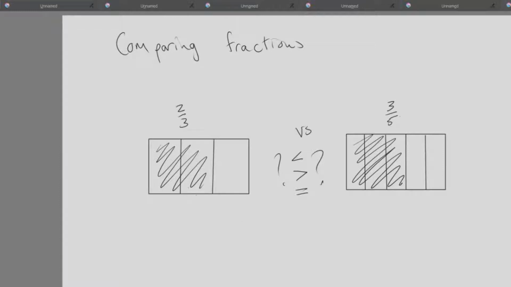However, if I say, okay, let's just keep these slices together, and now I'm going to cut this loaf of bread again, but sideways into 5ths.